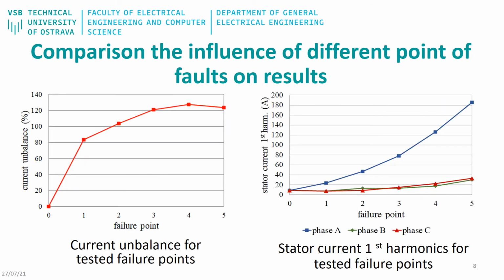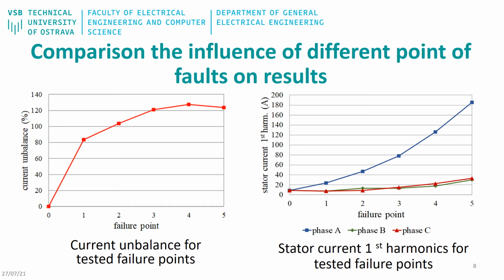When we compare current imbalances depending on the fault point, we get the waveform on the left side. We can see that the current in the affected phase increases up to 80% for point 1, and up to approximately 120% for point 5. The largest current imbalance is at point 3.